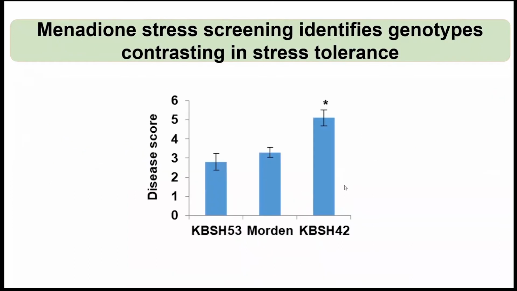Just to give one example, the previous results showed only the abiotic stress. The disease score for downy mildew was also tested in these three genotypes, or hybrids.